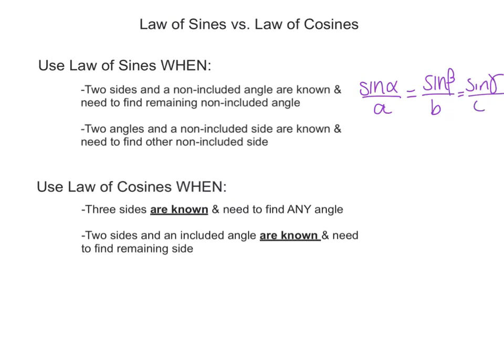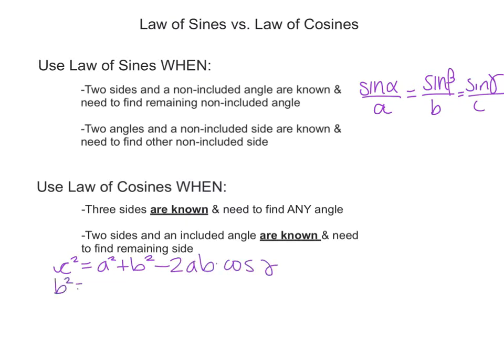Law of cosines, if we have 3 sides and need to find any angle, or if we have 2 sides with an included angle and want to find the remaining side. And again, we can think about what the law of cosines are, and that's a little bit different. So that's C squared is equal to A squared plus B squared minus 2AB times the cosine of gamma.